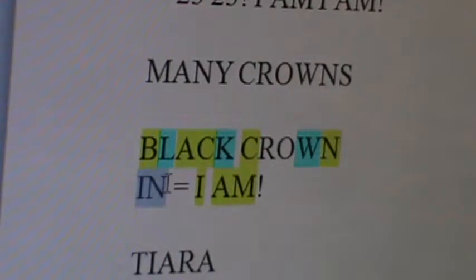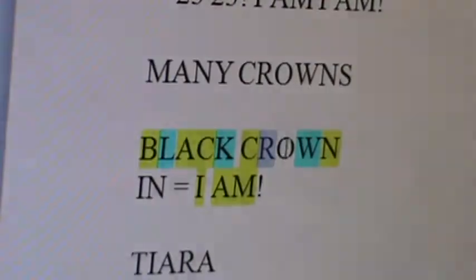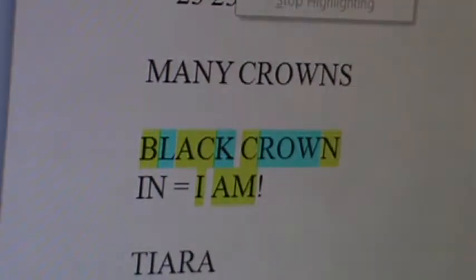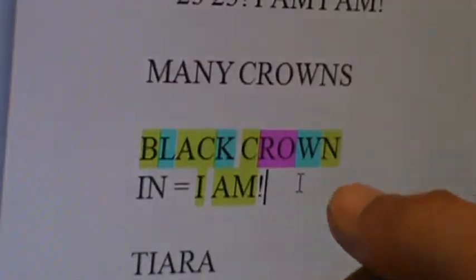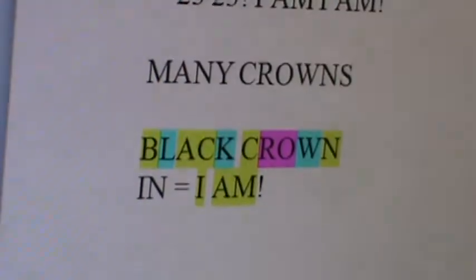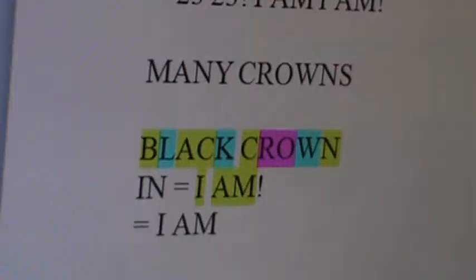Wow. So there is your triple IM in black crown, and then RO equals 33 equals Amen. Remember, this in order is the IM. So you get the IM plus IM plus IM in black crown. Or IM, Amen.